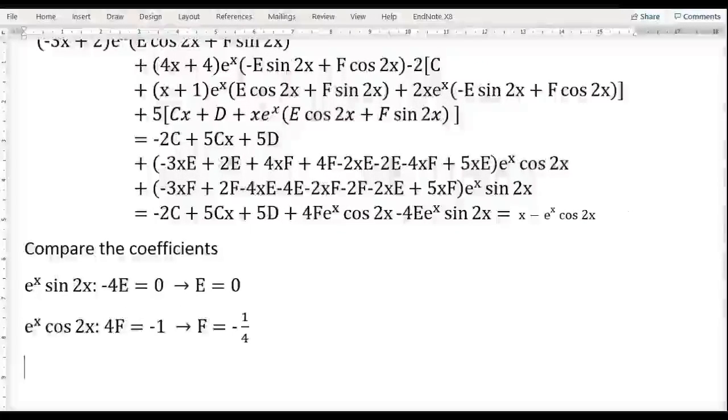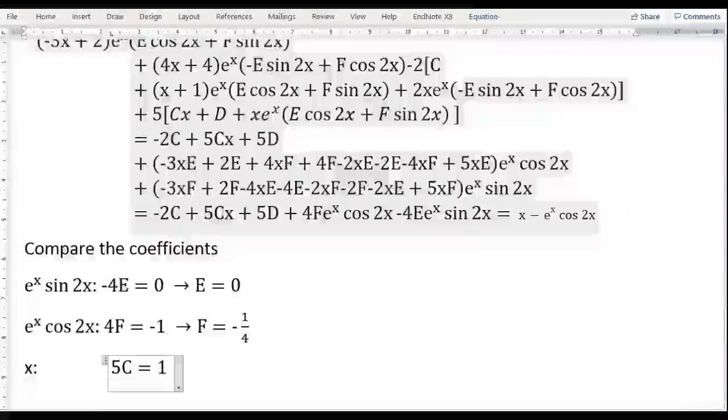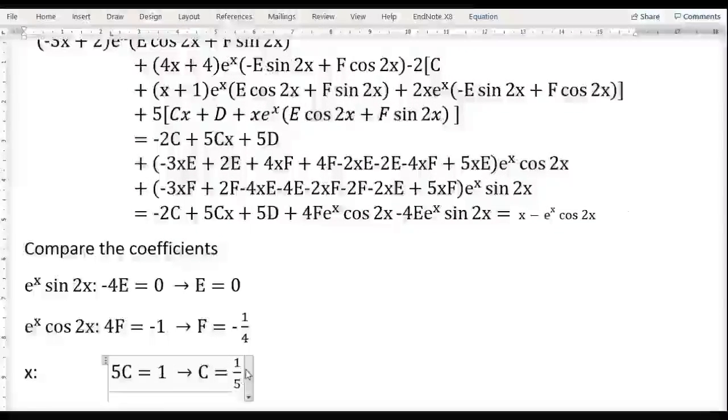Next, for the x coefficient, you will see that 5c is equivalent to 1. So in this case, it will give us c equals to 1 over 5.